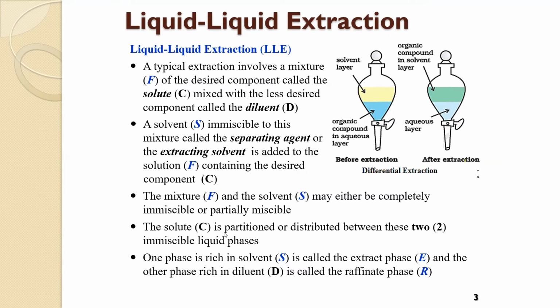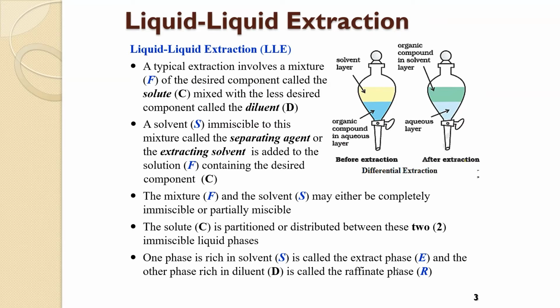So the solute C, okay. One phase is rich in solvent, and is called the extract phase. So typically, the solute will go there. And the other, rich in diluent, is called the raffinate.